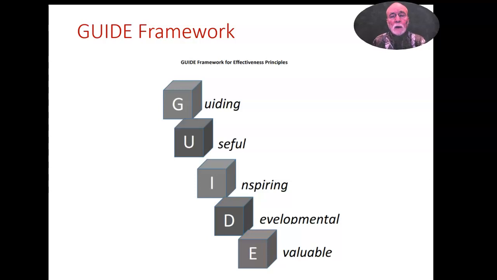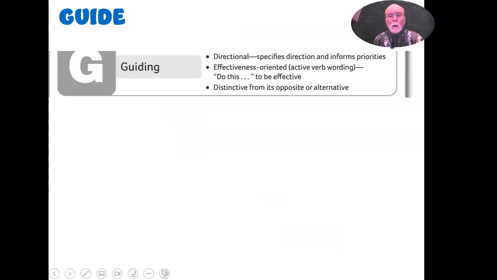The GUIDE framework is core to principles-focused evaluation. The G stands for providing guidance. The principle is directional. It specifies how to go about doing something. It uses an active verb, do this, to be effective. And it's distinct from an opposite or alternative approach. So one of the ways you know you've got a meaningful principle that provides guidance is you can articulate what would be an alternative principle or an alternative direction.